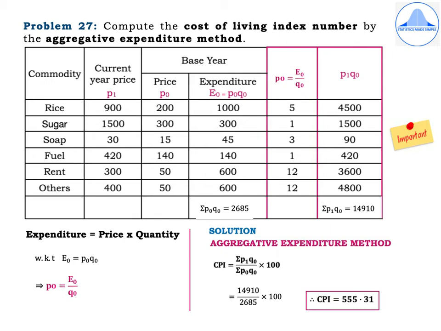Now let us first mark the current year price as P1, the base year price as P0, and the expenditure in the base year. So expenditure is nothing but the price into quantity. So E0 is equal to P0 Q0. Now to make use of the aggregative expenditure method, we need to find out the prices in the base year.